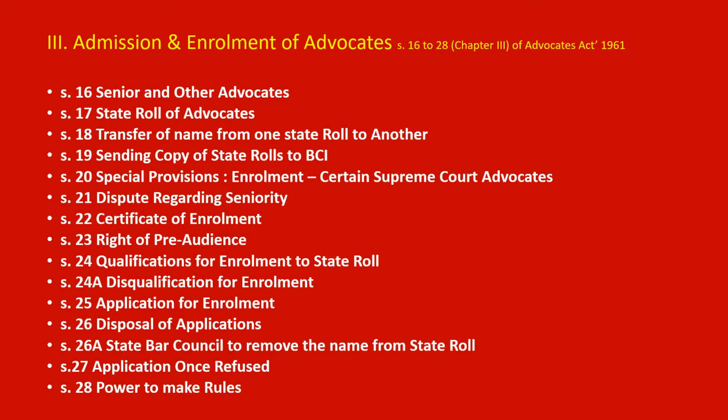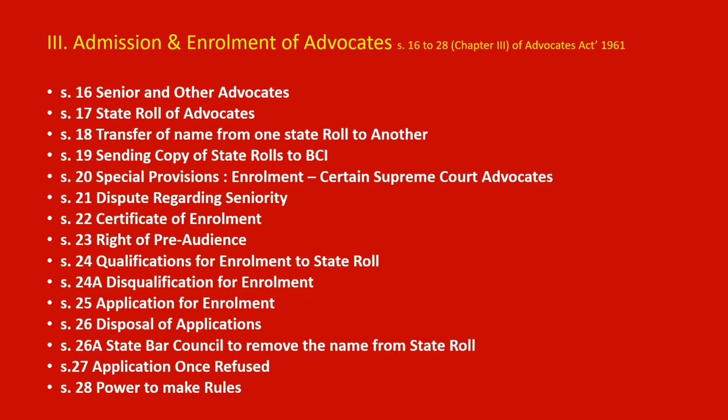It can be transferred provided the application is bona fide, meaning there should not be any disciplinary proceeding pending against the advocate at the date of application. So if the person has a clear record, with no disciplinary proceeding pending, and wants to transfer his name from one state roll to another, as per section 18(1), he can do so.